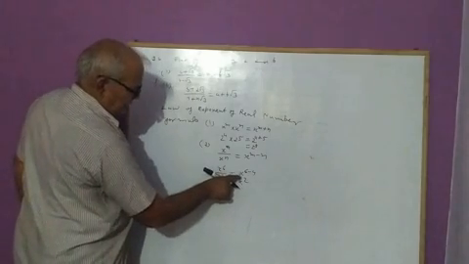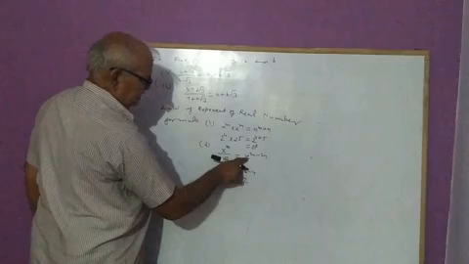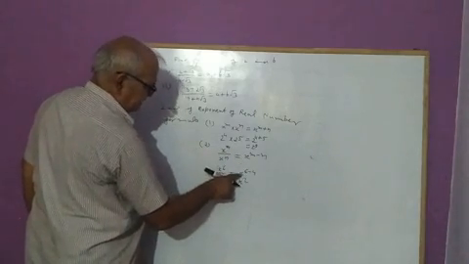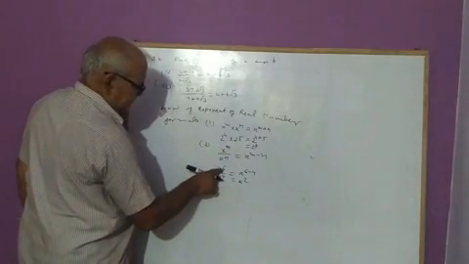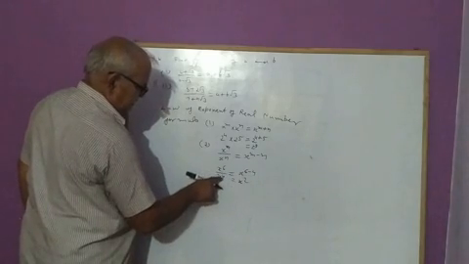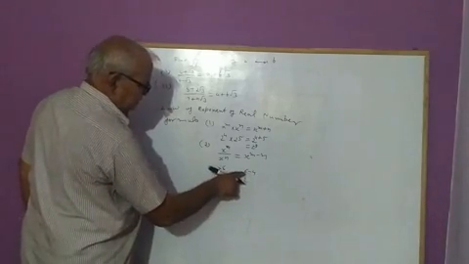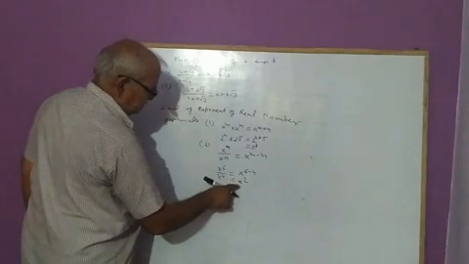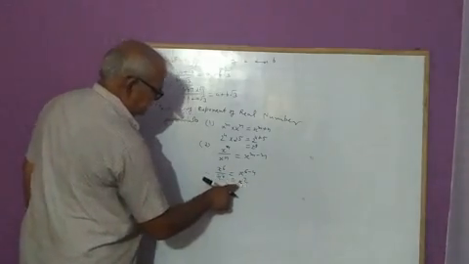So you can apply this formula x to the power m minus n. The value of m is 6 and n is 4, so 6 minus 4 equals x square.